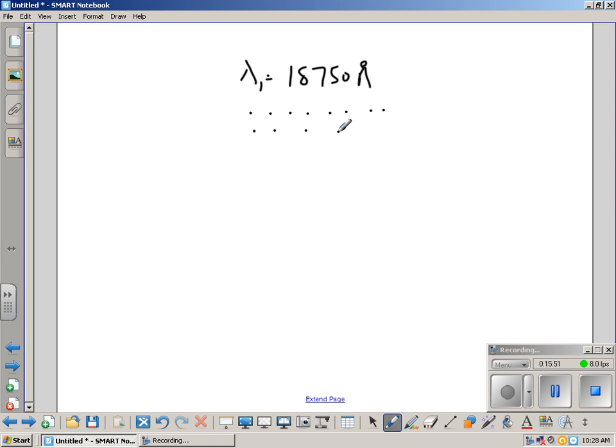The last one is called the limiting member. Lambda infinity can be obtained by putting n1 equal to 3, n2 equal to infinity.